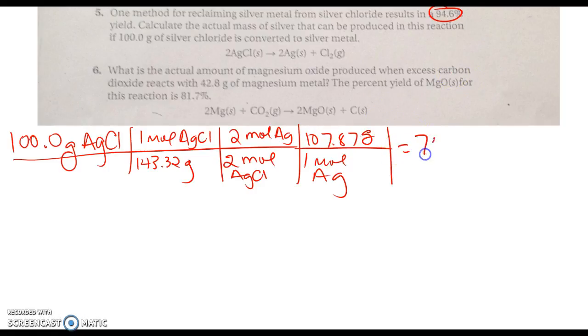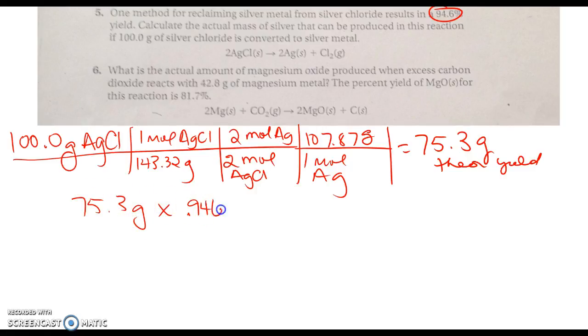If I calculate it, I'll get a 75.3 gram theoretical yield. But I only have a 94.6% yield. So I'll take that 73.3 times 0.946, and this tells me that from this I will probably get something like 71.2 grams of silver. Okay, basically we're reclaiming silver.